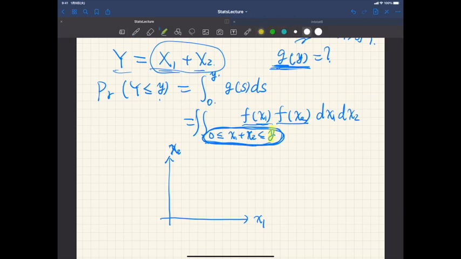Okay, this y is a constant. x1 and x2 are variables. And of course x1 is greater than or equal to 0, and x2 is also greater than or equal to 0.